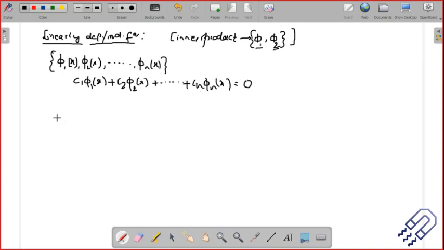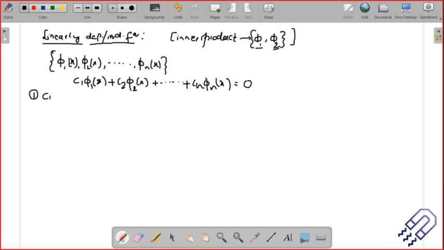We can write down the function in this form, and then we can actually prove whether this is independent or not. In general, we do it step by step.